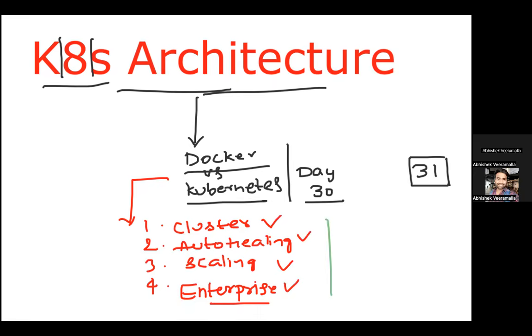You might ask, Abhishek, there are hundreds of videos on the internet which explain the Kubernetes architecture, right? Everybody says that Kubernetes has a control plane and a data plane.